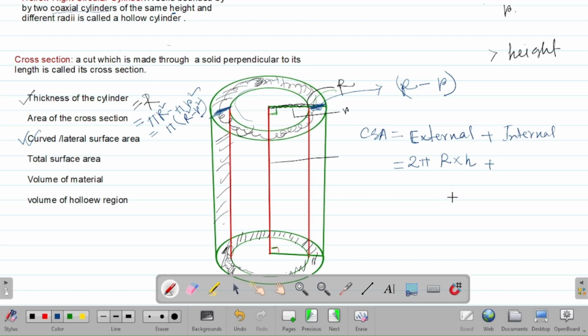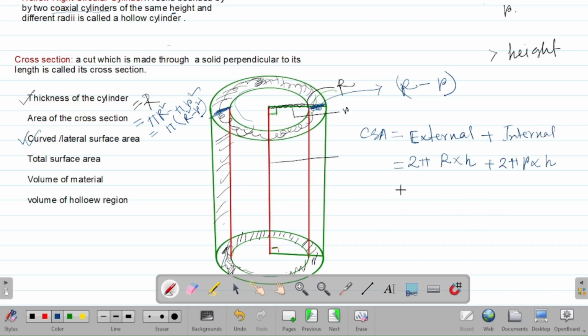That means 2 pi small r multiplied by h gives the inner surface area.